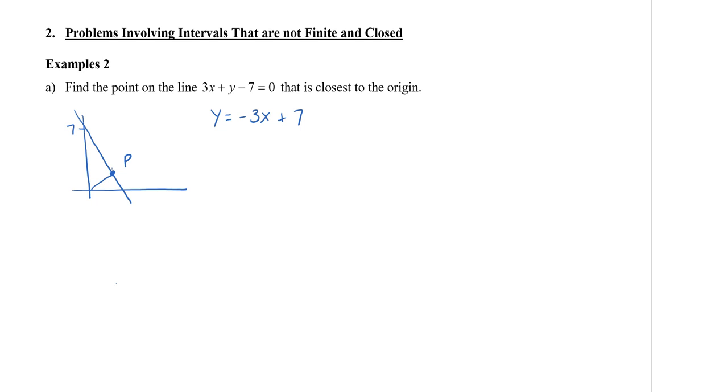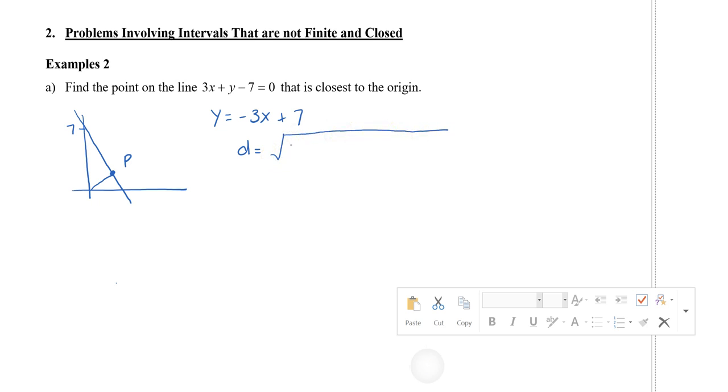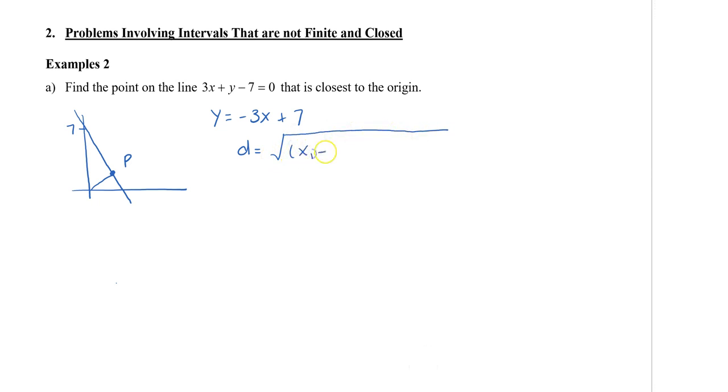All right, so we know that the distance formula between 2 points is the square root of x1 minus x2 all squared plus y1 minus y2 all squared.